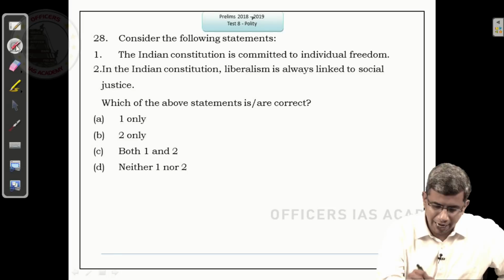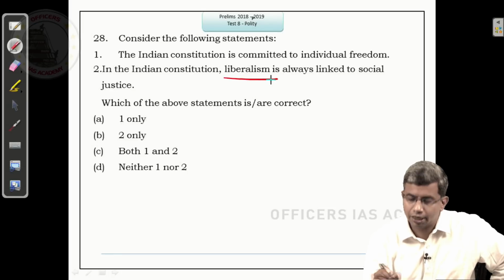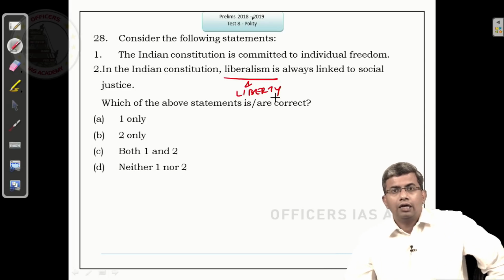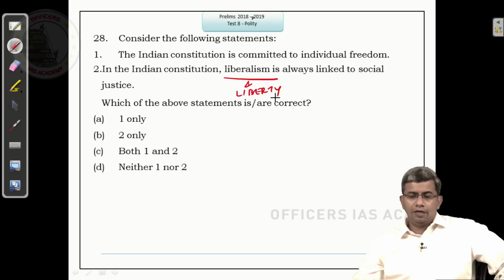Now, the catch in this question is people may get confused between liberalism and liberty. If this statement had been, in the Indian Constitution, liberty is always linked to social justice. So, what is liberty? Liberty is Article 19 to Article 30.